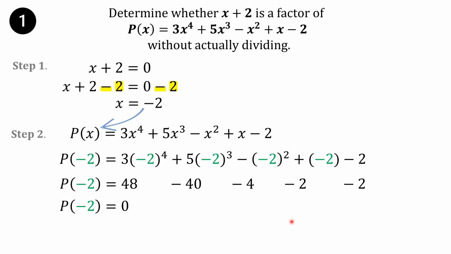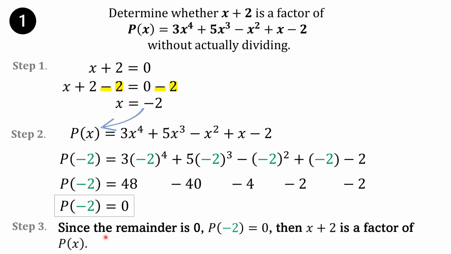Now, to make it easier, you may also use your scientific calculator to get the answer. Step 3, we can conclude that since the remainder is 0, p of negative 2 is equal to 0, then x plus 2 is a factor of p of x.